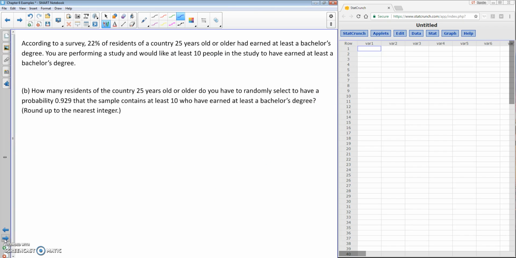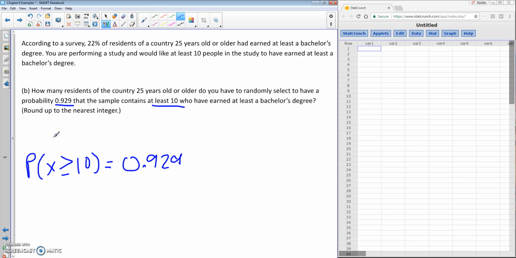So let's look at the next part. How many residents do we need, or randomly select, to have a probability of 0.929 that the sample contains at least 10 who've earned at least a bachelor's degree? So what do we know now? We know the probability that x is greater than or equal to 10 is 0.929.